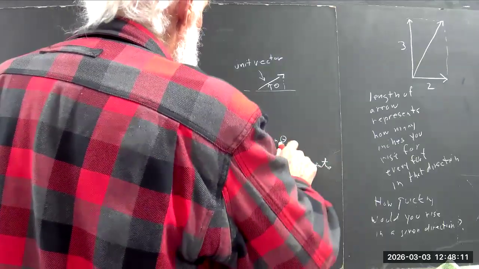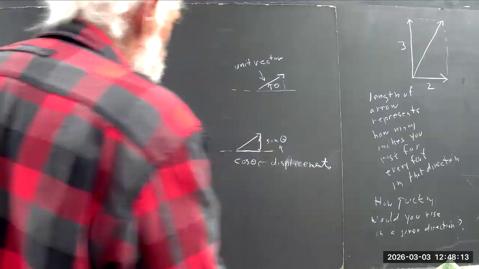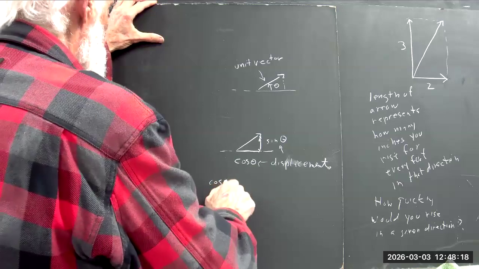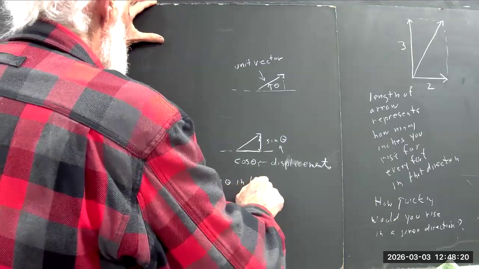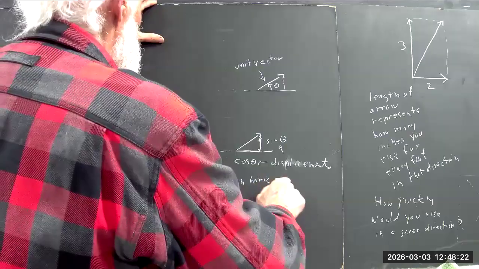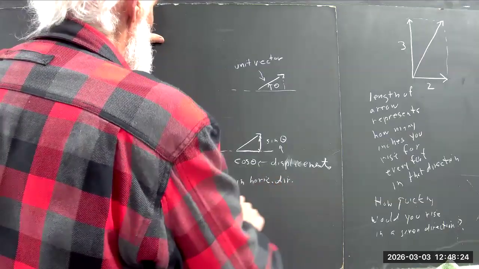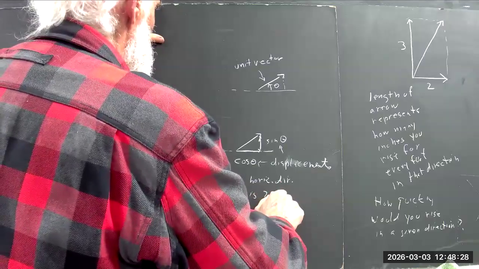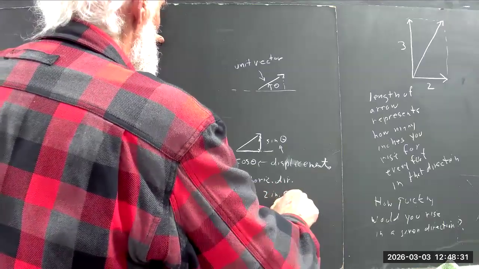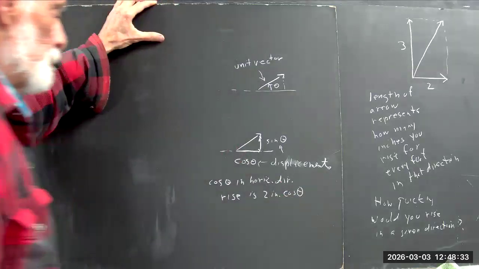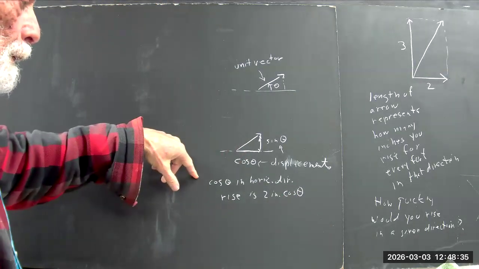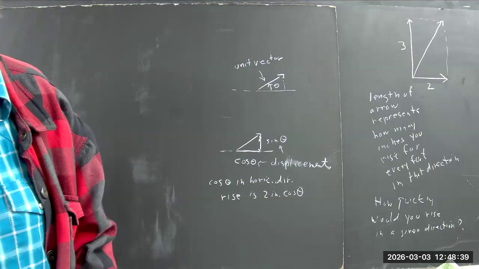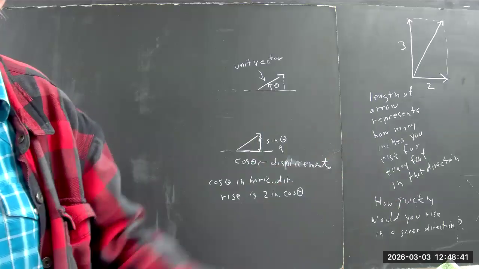These are your displacements. So in the horizontal direction, the rise is 2 inches times cosine of theta. You go cosine theta feet.